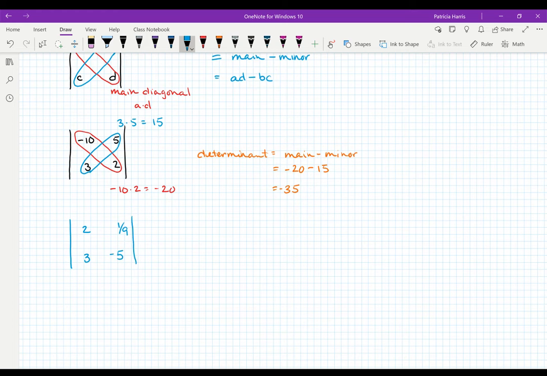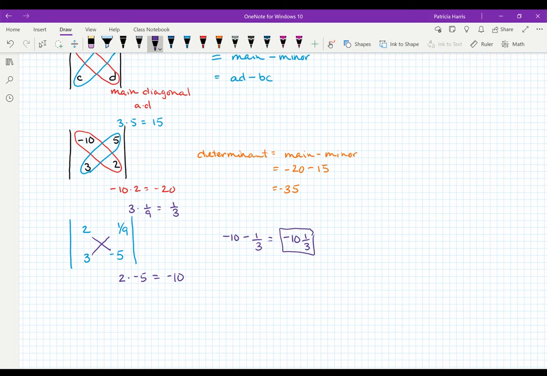And just for fun, I'm going to make it fractional. Okay, now sometimes I don't like the circles because they're kind of messy. So what I'll do is I'll just draw a line. 2 times a -5, that's a -10 for your main. 3 times a 1/9, that's a 1/3. So we're going to go main minus minor. So we get -10 and 1/3.